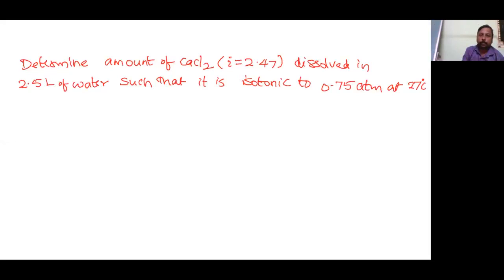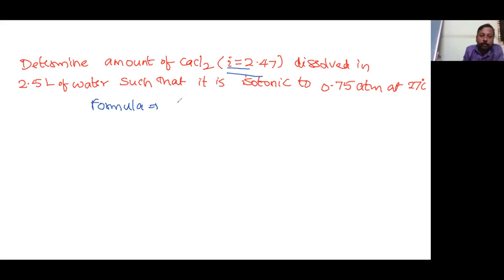Next question. Determine the amount of CaCl2 dissolved in 2.5 liter of water such that it is isotonic to 0.5 atm at 27 degrees Celsius. In numericals, stepwise understanding is very important. As i value is given, that means it is an abnormal solution. First you should write the formula.